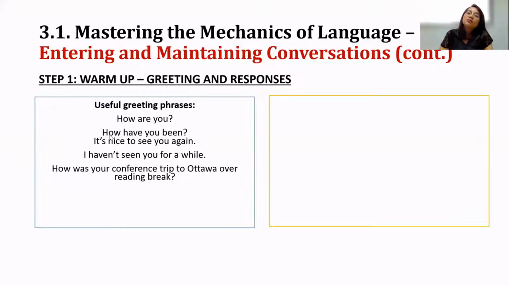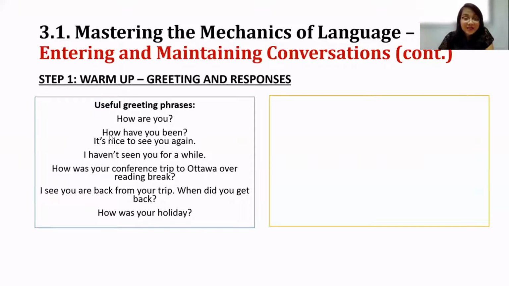That one is applicable if you already know the person and you know that the person was just back from a conference trip, and you can use that information to greet them or to break the ice so that you can have a small talk with them. I see you are back from your trip. When did you get back?